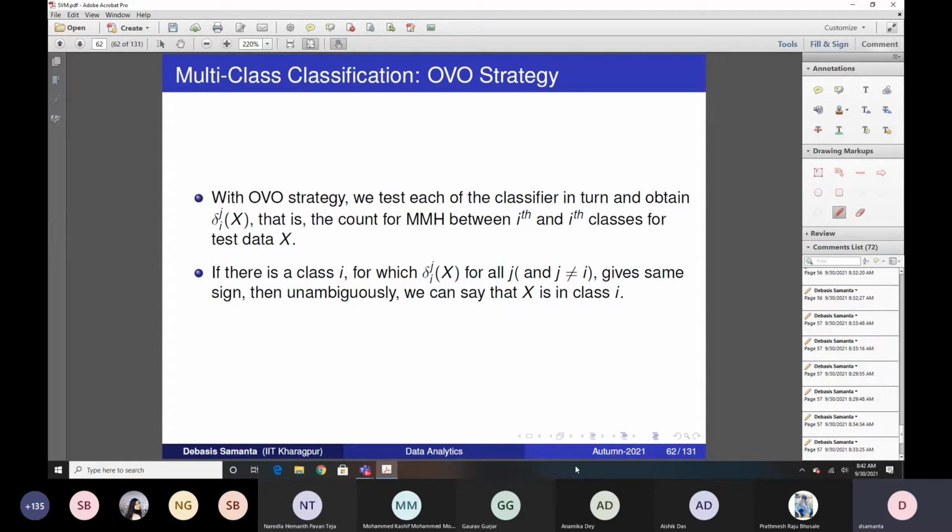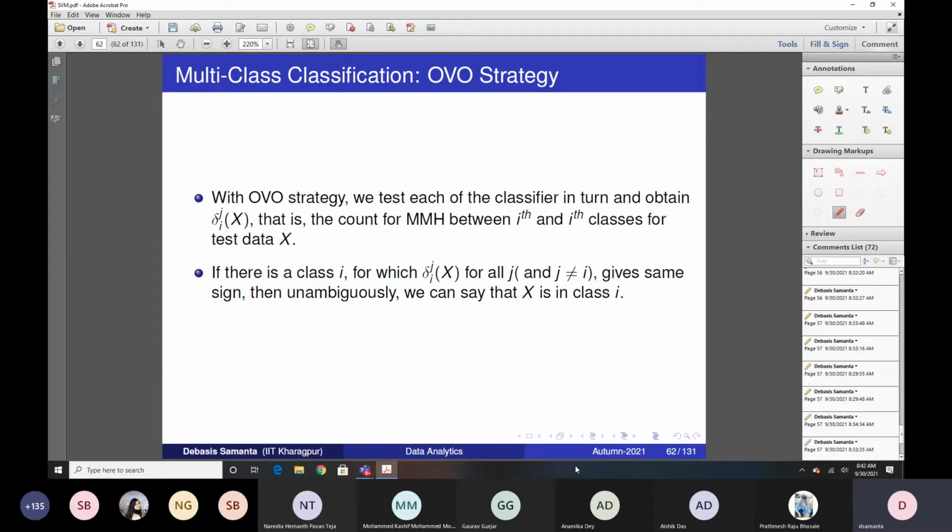If there is a class i for which del i, that is the ith decision maker, gives the same sign for all j, that means with respect to all other classes, then without any hesitation, unambiguously, we can say that x is in class i. This way, the class to which an unknown data point belongs can be decided. This is the OVO strategy.